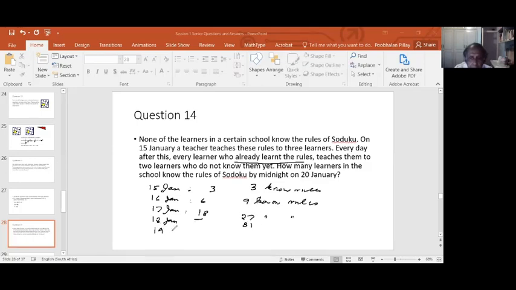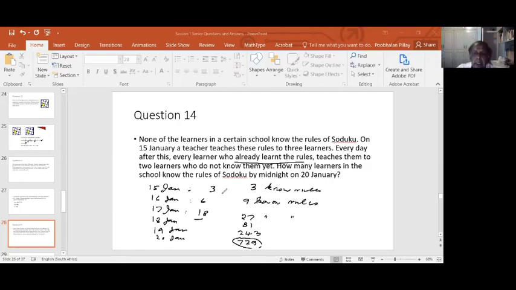The 19th of January, you get 243. You have to multiply that by 3. And on the 20th of January, that's where we need to get to, you multiply this by 3. You get 729. So the question is, how many learners know the rules by midnight on the 20th of January? And the answer is 729.